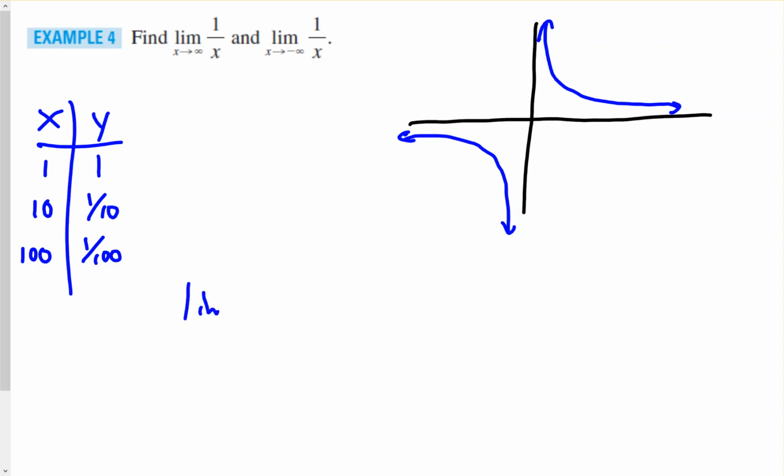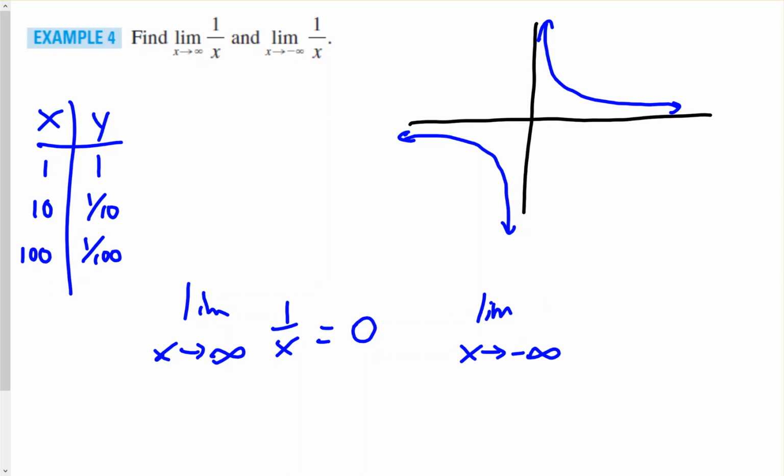Then the limit as x approaches negative infinity, similar idea.